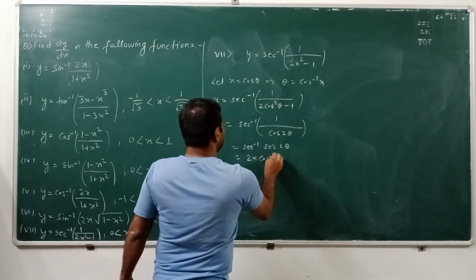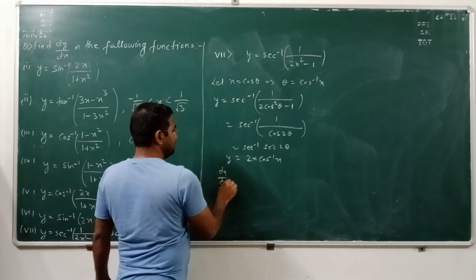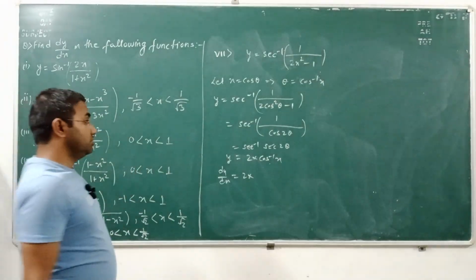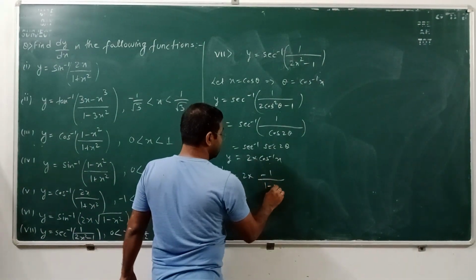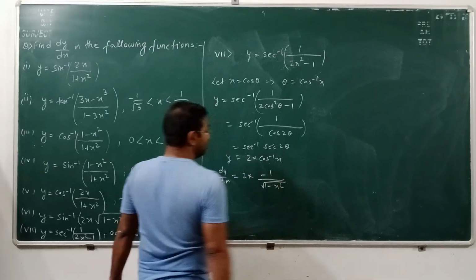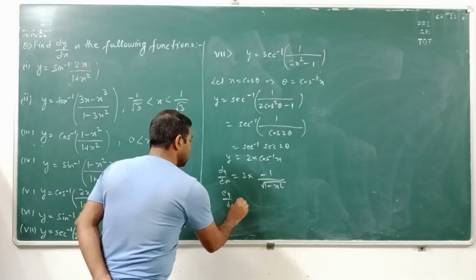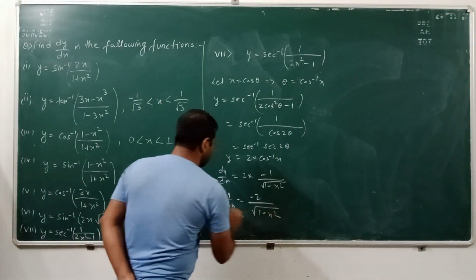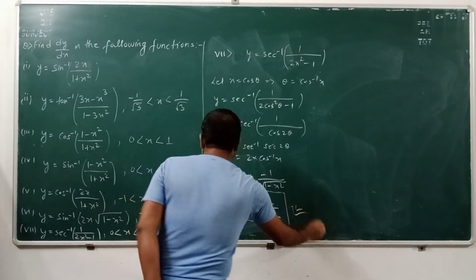Cos inverse x. Then dy upon dx is 2 into derivative of cos inverse x, which is minus 1 upon square root of 1 minus x square. Then dy upon dx can be written as minus 2 upon square root of 1 minus x square. So see here, in this way we will write the dy upon dx of the last one also.